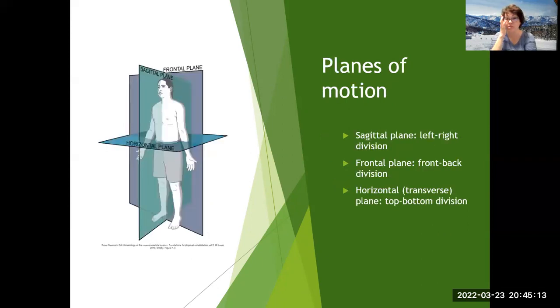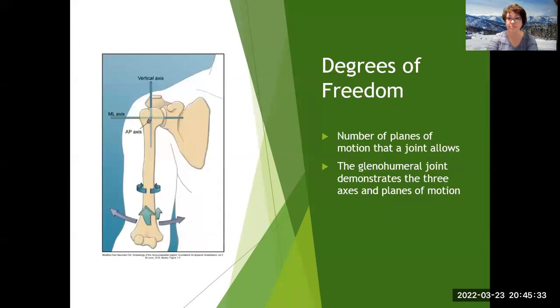So the planes of motion are the cardinal planes that divide the body into halves. Sagittal plane, left and right division, frontal plane, front and back division, and horizontal or transverse plane, top and bottom division. And all those three planes intersect at our center of gravity. So the degrees of freedom are the number of planes of motion that a joint allows.